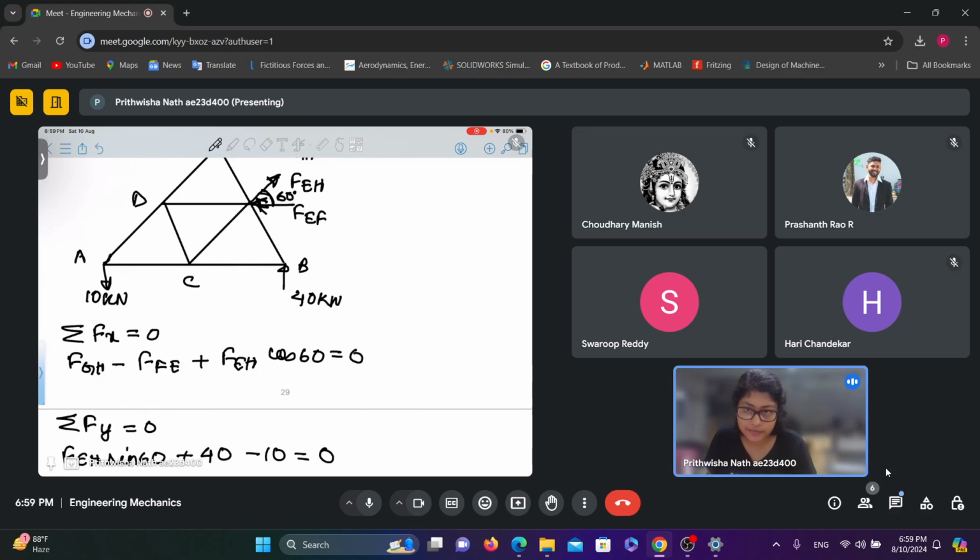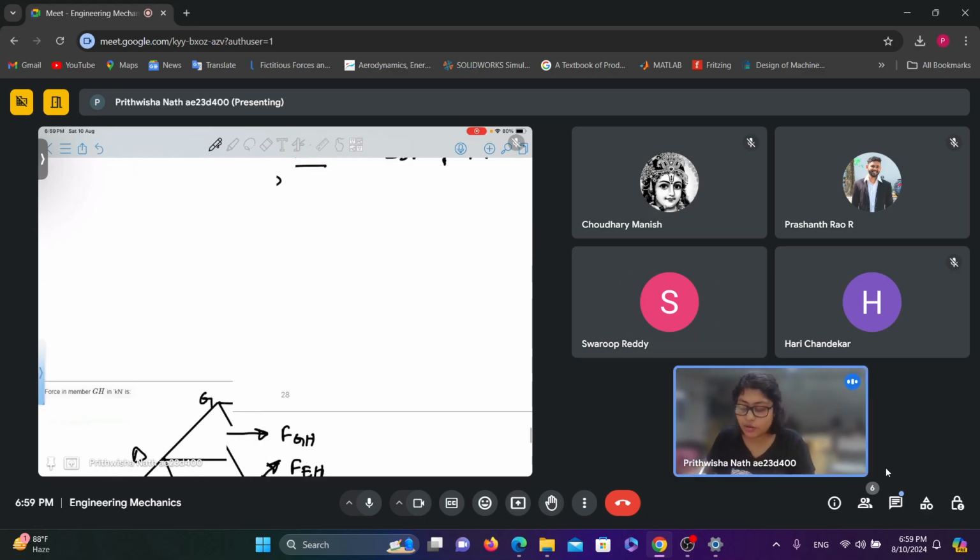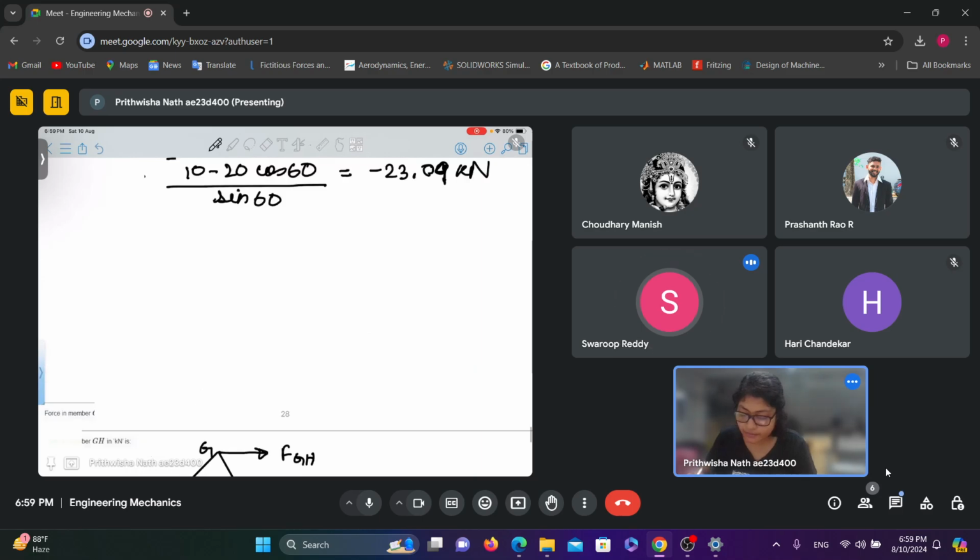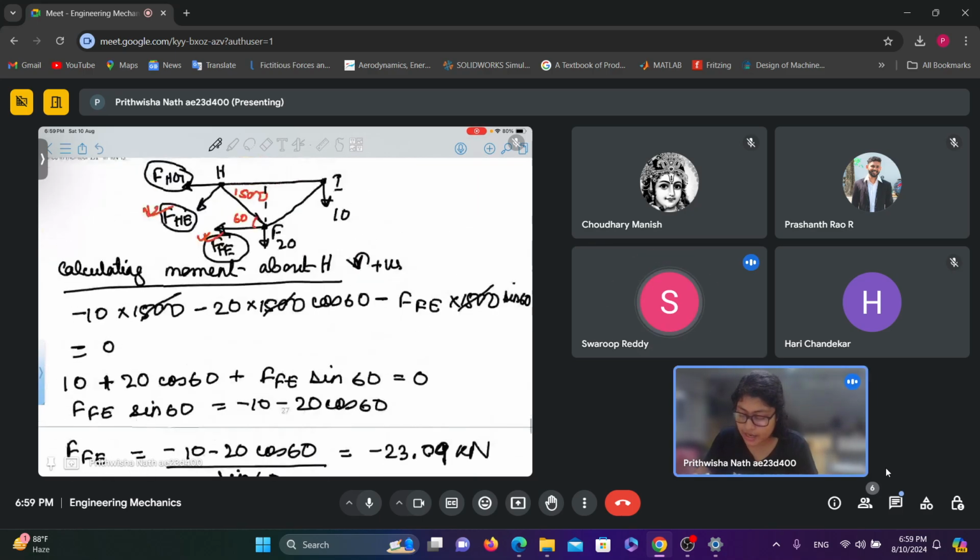Did you understand this? When I was calculating the force FFE from this portion of the truss, I assumed it to be under tension. Tension is away from the joint, right? Is it clear? Clear, ma'am.